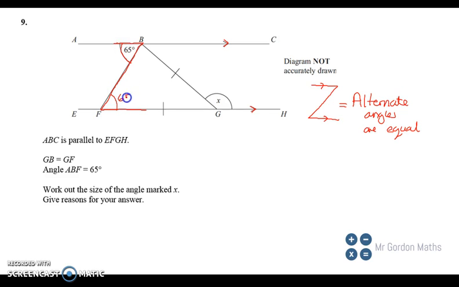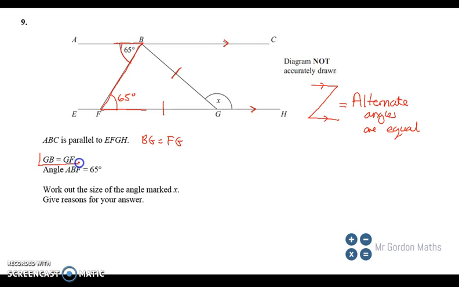So this one is 65 degrees. And then I'm thinking about, well, there's a triangle here with some markings on it. These lines are important. They're telling me that the lengths of those sides, FG and BG, are equal. So BG equals FG. Probably already told us that this is the case.